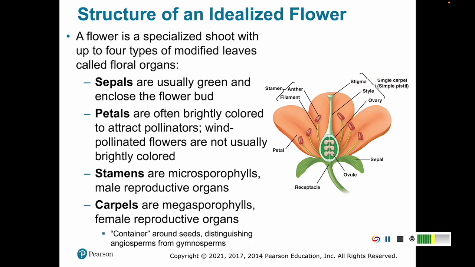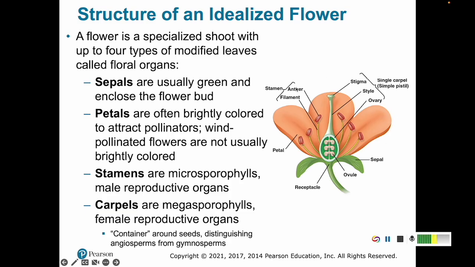The flower is a specialized type of shoot, and there are 4 types of modified leaves, and these leaves are actually organs of this flower. If we're starting at the outside, we have a sepal. These are sepals. They're usually green, and they cover the rest of the flower bud. Then we come into the petal.